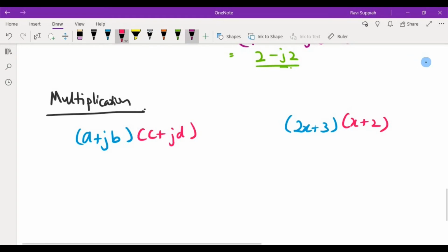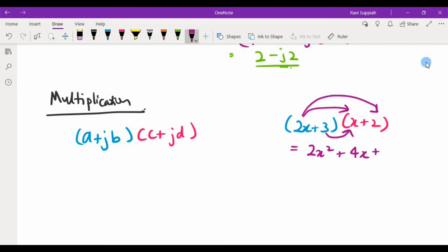Okay, to perform this expansion, you would have taken the first term multiplied by the first term, so I get 2x squared, first term multiplied by second term, so I get 4x, second term multiplied by first term plus 3x, and second term multiplied by second term plus 6.